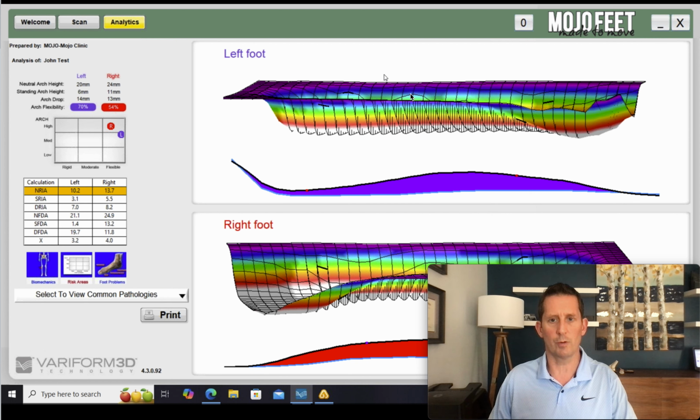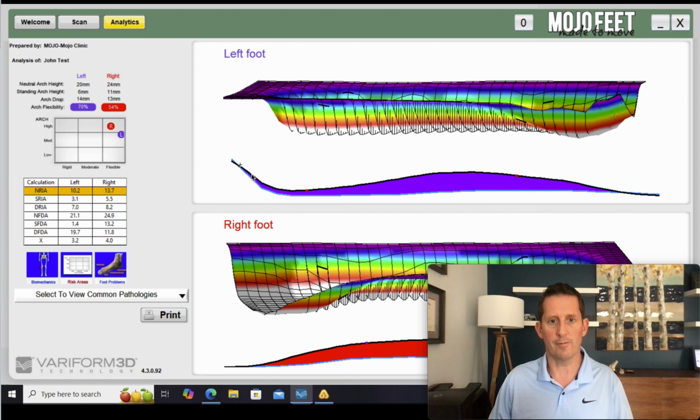First thing you see on this screen, the biggest thing on this screen is the left and the right foot inside profile. What you actually have here is a comparison inside profile between the corrected version of the patient's foot and where they collapsed to when they stood on it. So your stance phase.